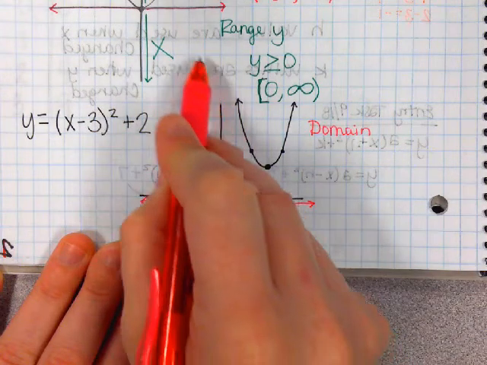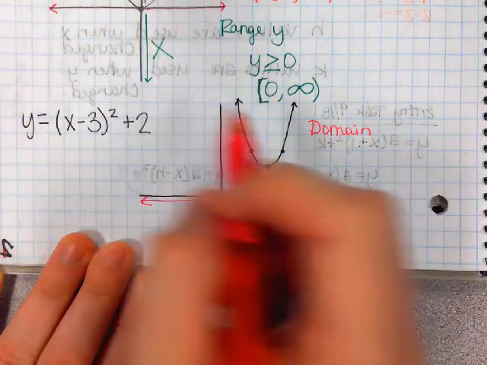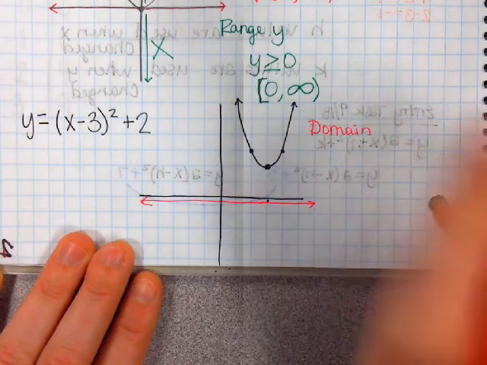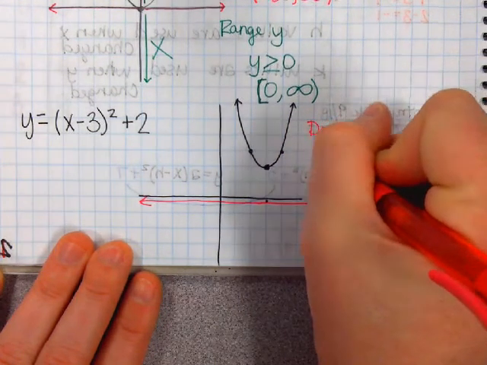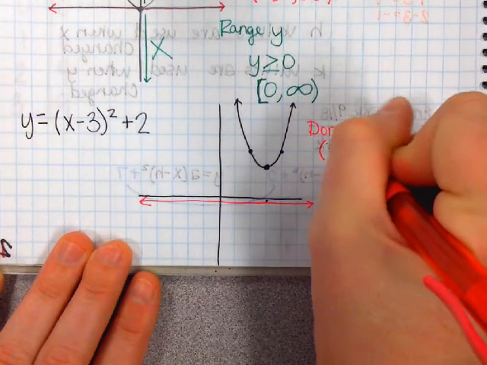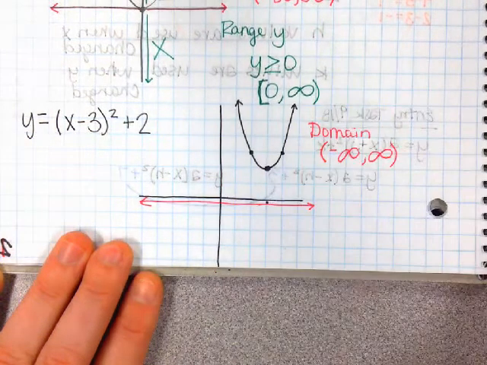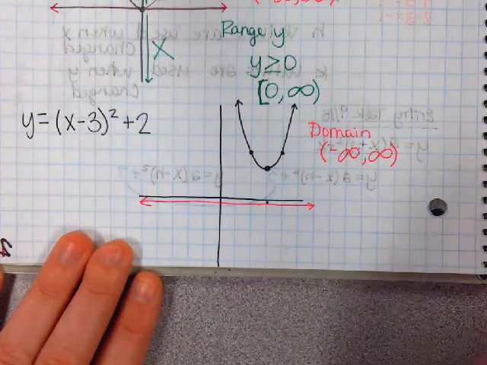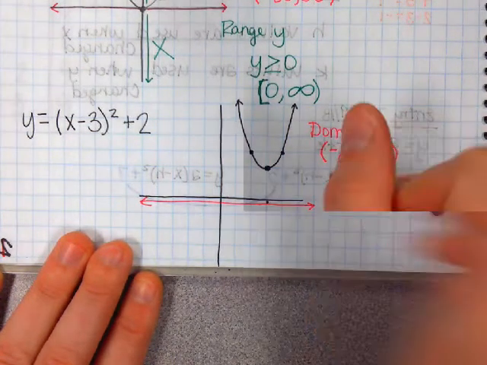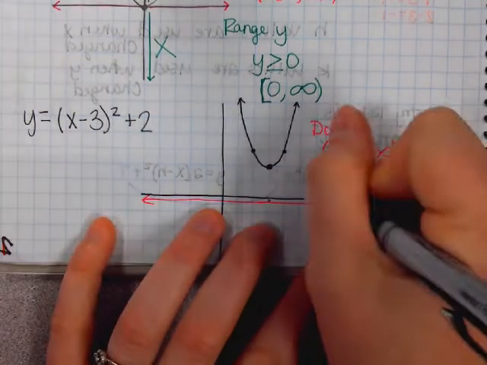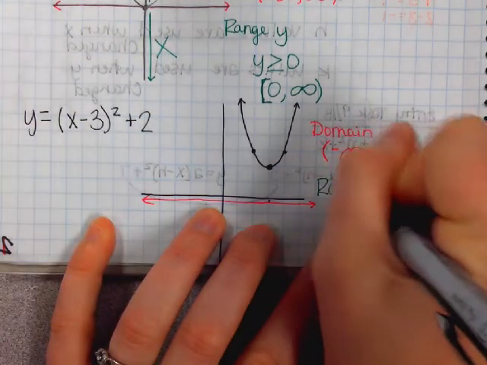If I look along this and I kept continuing, I could eventually get to negative 100. Or on this side, I could eventually get to positive 100. So you would say it goes from negative infinity to positive infinity, or you could say all real numbers.